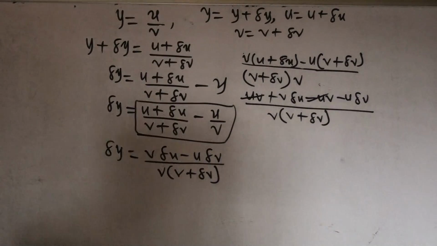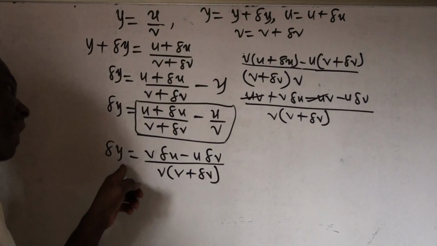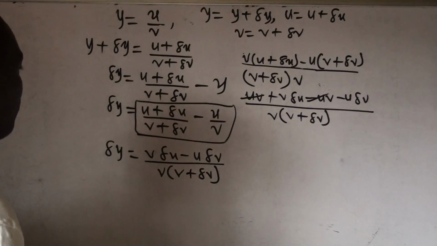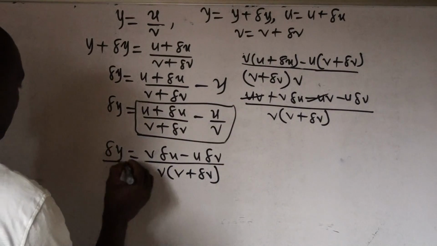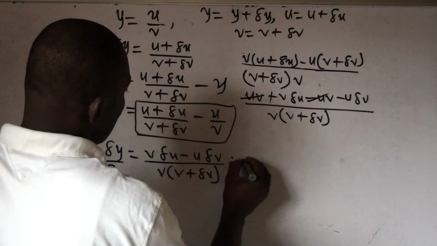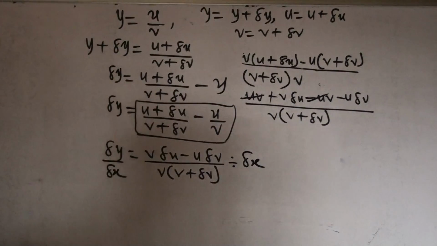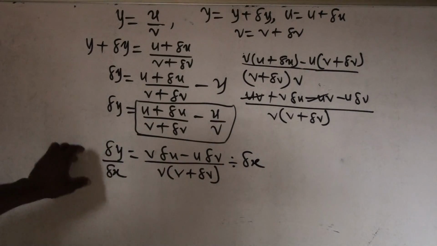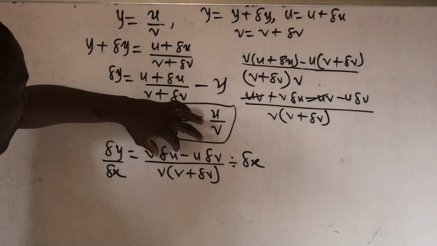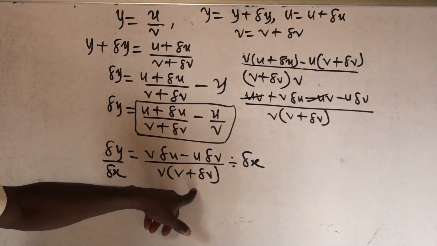Now we know that what we are looking for is delta y over delta x. So we divide both sides by delta x. Care must be taken, because dividing by delta x will affect the numerator only and has nothing to do with the denominator.